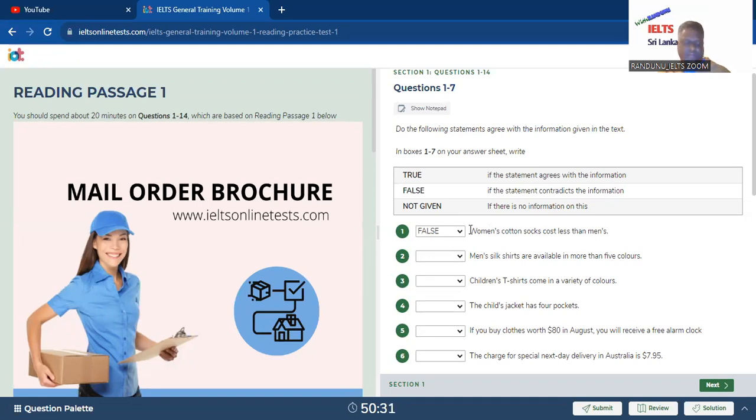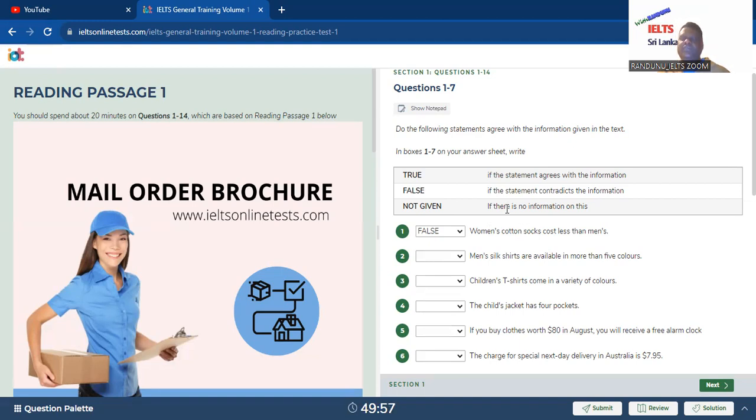There can be something which is going very close to this one. For example, if it says boys and girls cotton socks, that belongs to children, not women's. So it is going a little bit close to the answer, but it is not the same. So that is also not given.